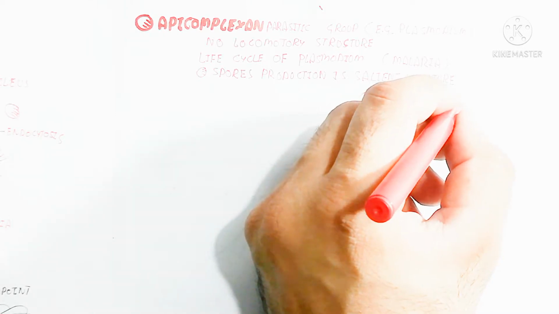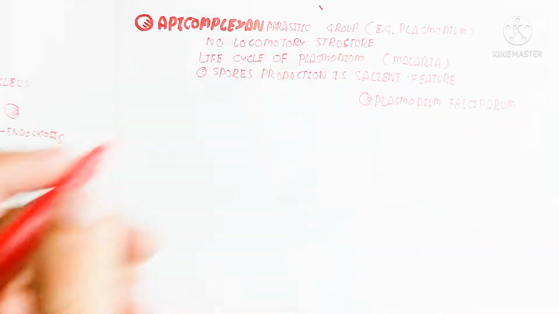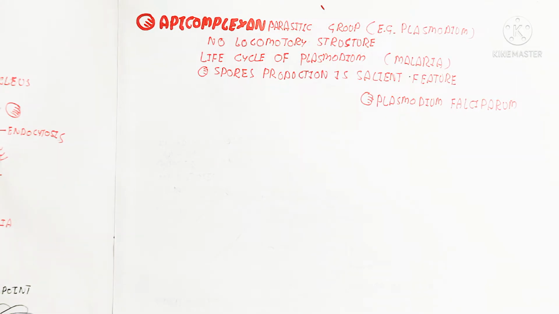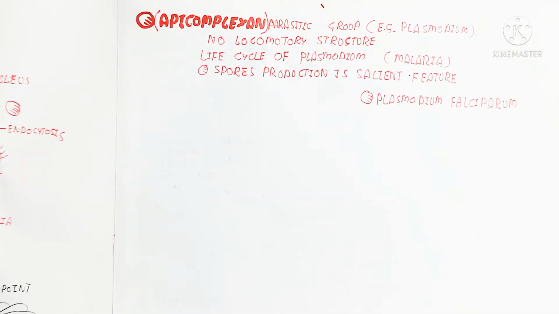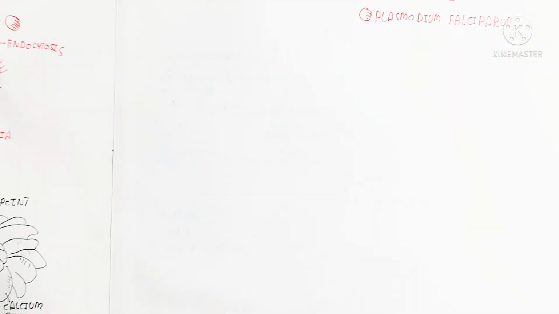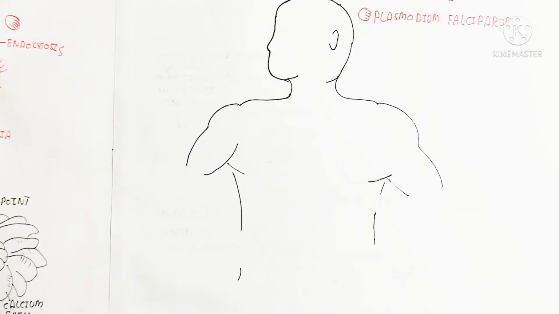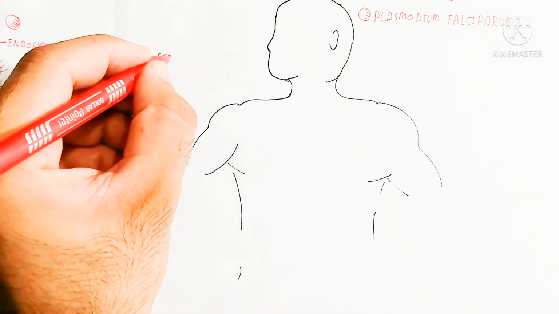First of all, you should know that the kingdom Protista contains the protozoa, and protozoa are basically animal-like protists. Here is the person, which contains a liver.